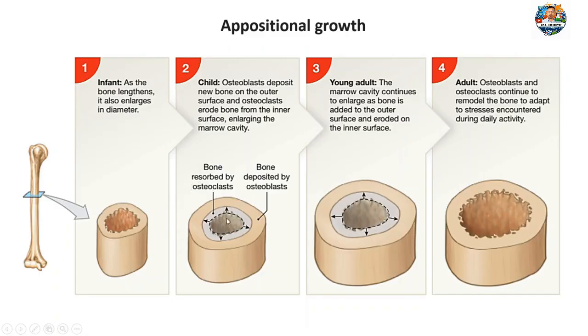The activity of the osteoclasts on the inner surface of the bone will lead to the dissolution of the internal layer of bone. At the same time, new bone will be deposited in the outer layer, so there will be an increase in the internal diameter as well as the external diameter. But when the bone matures in the adult stage, the relative diameter will be maintained by the activity of the two types of cells.